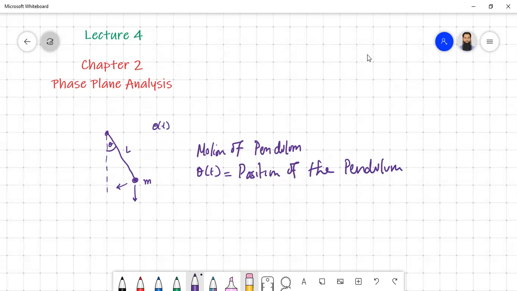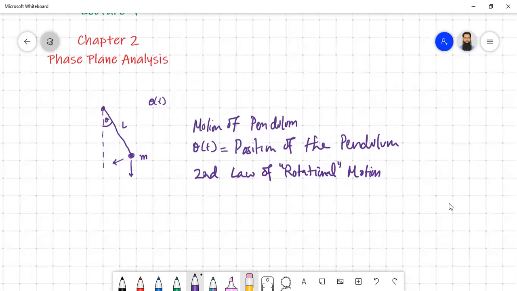So the system's dynamics will be represented by the second law of motion, to be specific, the second law of rotational motion. As we say, this is the length L from the pivot to the object with mass m.